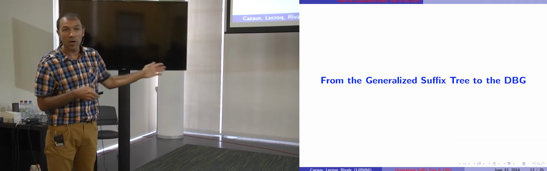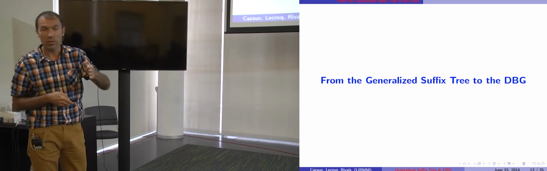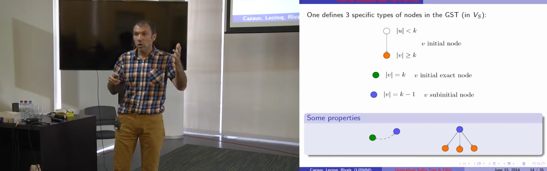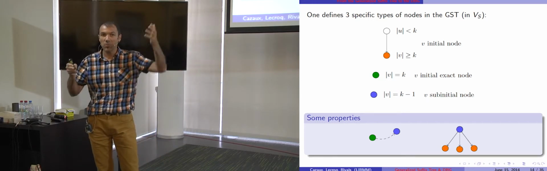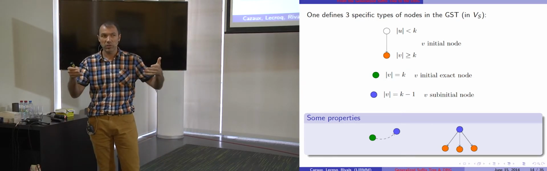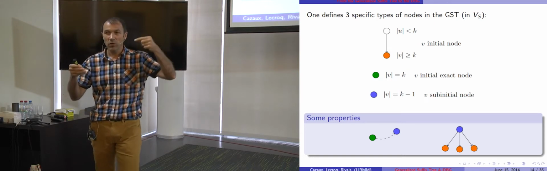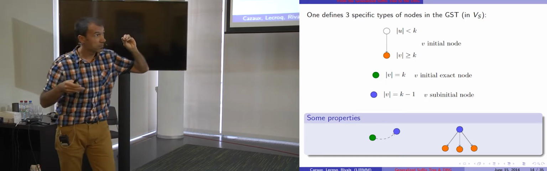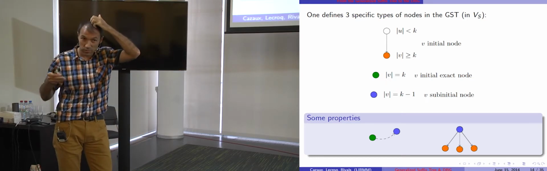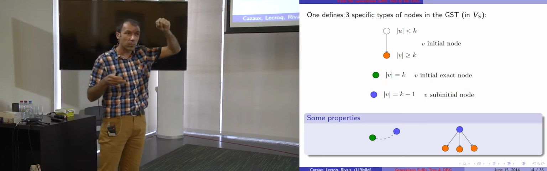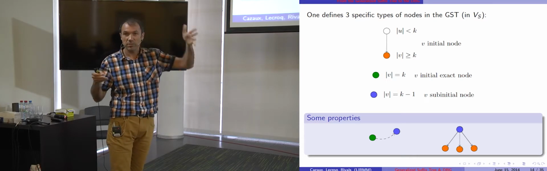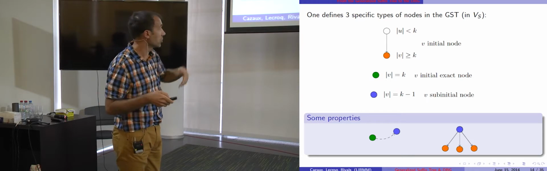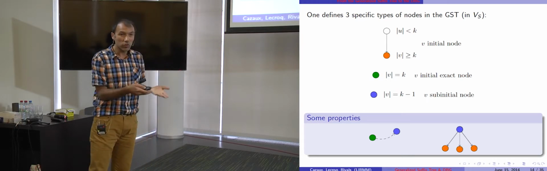Okay? So now, how can we get from one to the other? Of course, all the k-mers are represented in the suffix tree, either as explicit nodes or by some point on the edges going to some explicit nodes, some implicit nodes. Therefore, all the k-mers are there.